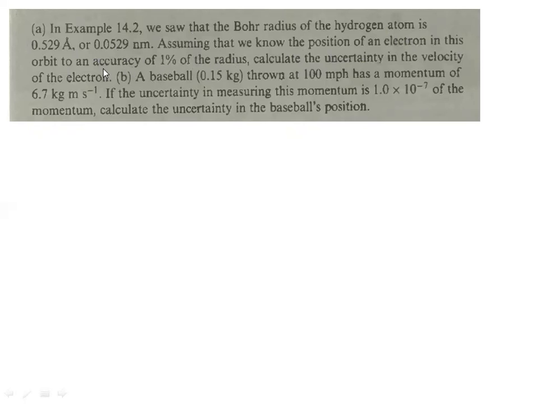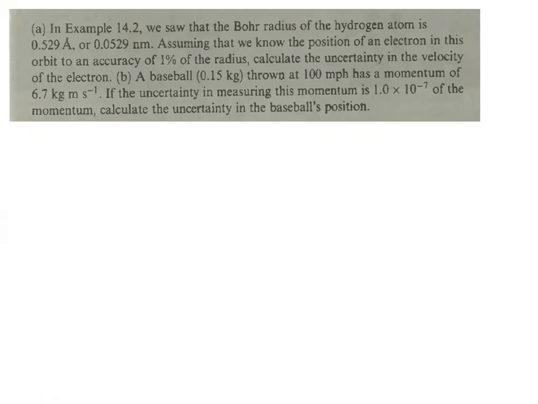That means this is the uncertainty in the position of the electron. So the distance traveled, they have assumed that it is 1% of the radius. That means I'm going to multiply 1% with this distance. That will give you exactly the value of the uncertainty. Okay, they can also give it directly, but here it has been given to you as an assumption.